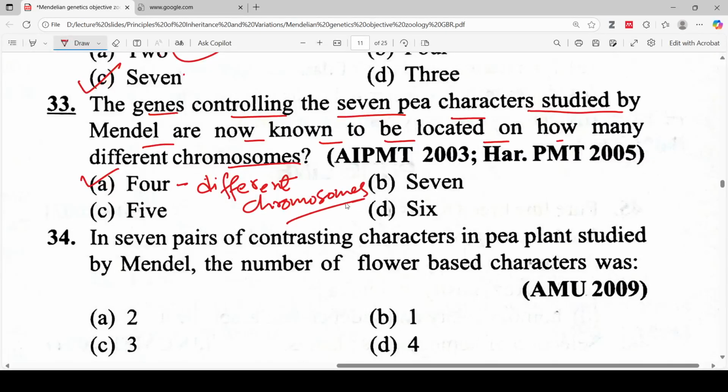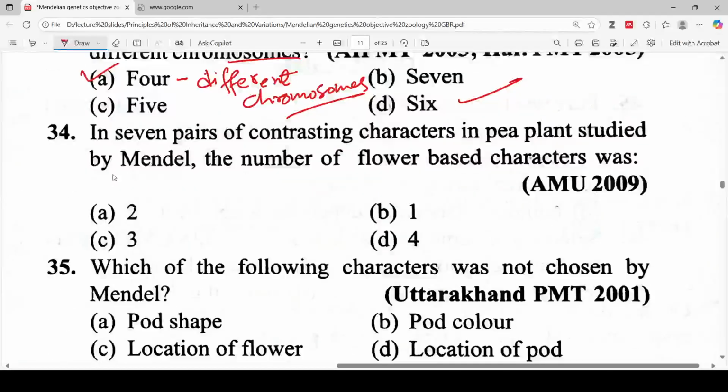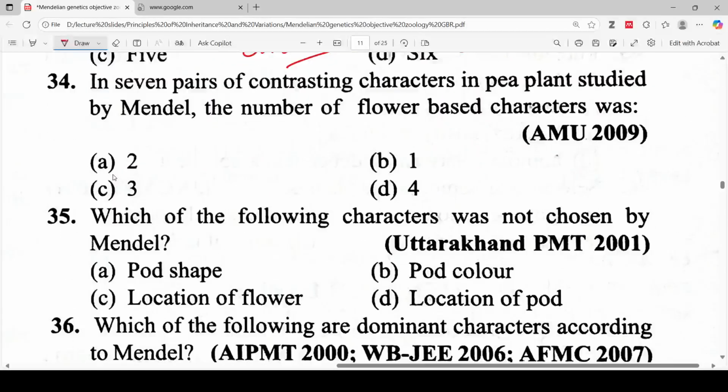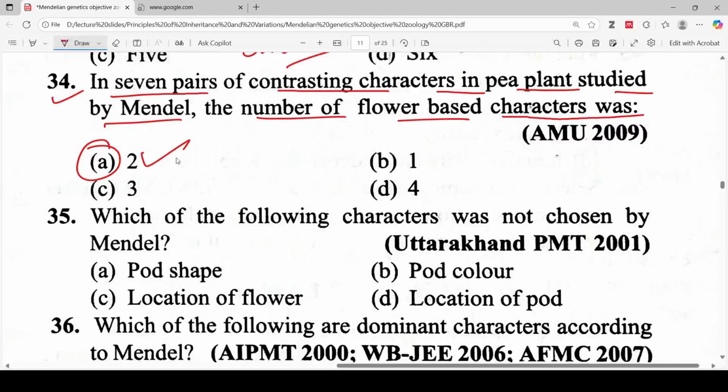So the next question. In 7 pairs of contrasting characters in pea plant studied by Mendel, the number of flower-based characters was option A. Next question.